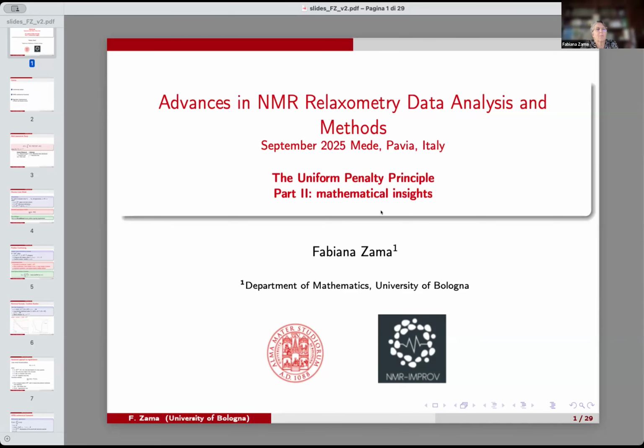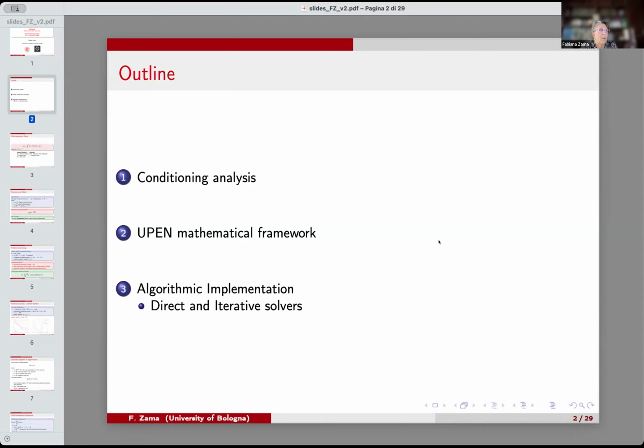Then I will revise the mathematical framework behind the UPEN method, because the UPEN heuristic technique is apparently so easy, but the mathematical background necessary to explain its behavior is not easy at all. There are several very interesting points that we discovered later, once the method had already been used for a long time.